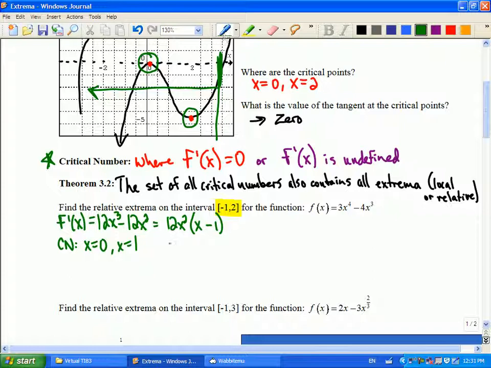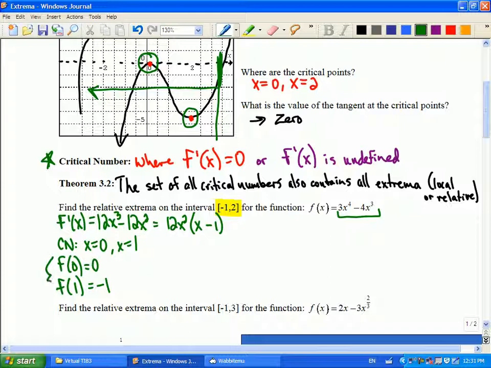So let's figure out what they could be by testing them. Here's how you test them. If I put in f of 0, what value do I get? 0. Good. And if I put in f of 1, what would I get? -1. Remember, we're using the derivative to tell us information about the function.